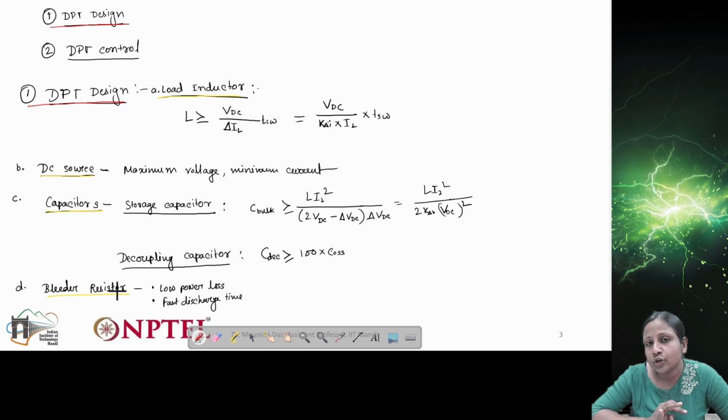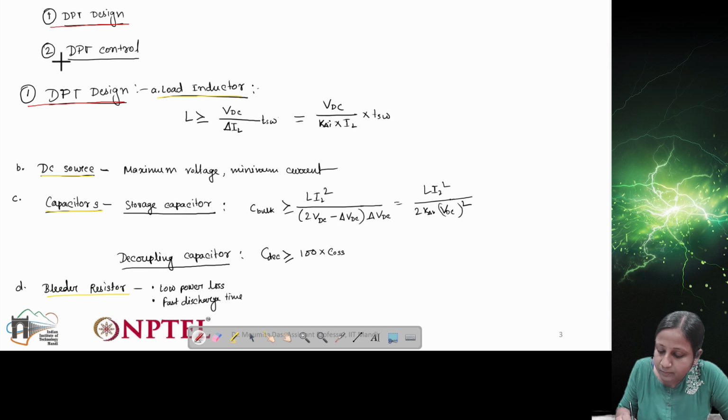These four components are required in order to design the DPT circuit. Now the next thing is to find the control parameters, the DPT control.